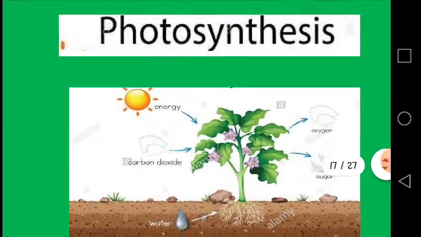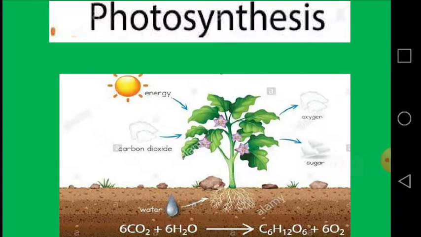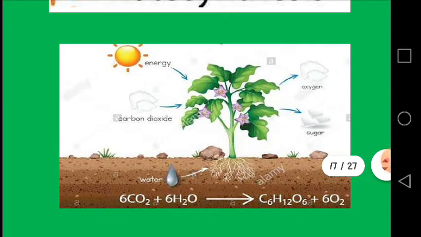But this process, photosynthesis, is of great importance to maintain the carbon dioxide in the atmosphere. That's why plants are very important for us, because plants are the only source which consumes the carbon dioxide from the atmosphere and reduces its level. Usually the level of carbon dioxide in the atmosphere is 0.03%.